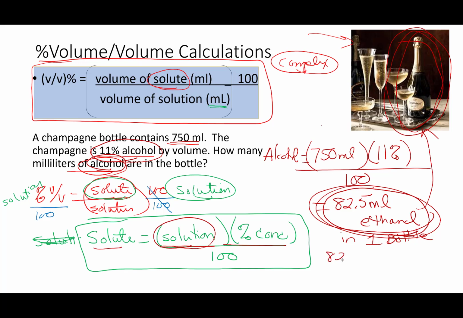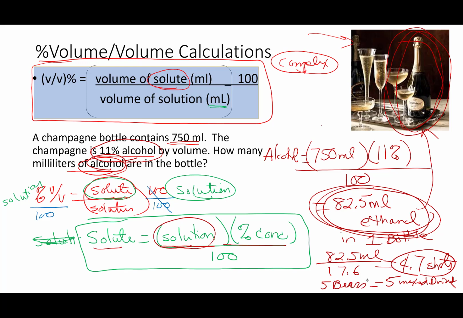If I take 82.5 divided by 17.6, that's equivalent to 4.7 shots, or not quite 5 mixed drinks, or not quite 5 beers. Yes, your great Aunt Sadie, if she drinks the entire bottle of champagne, she's going to be a little tipsy.